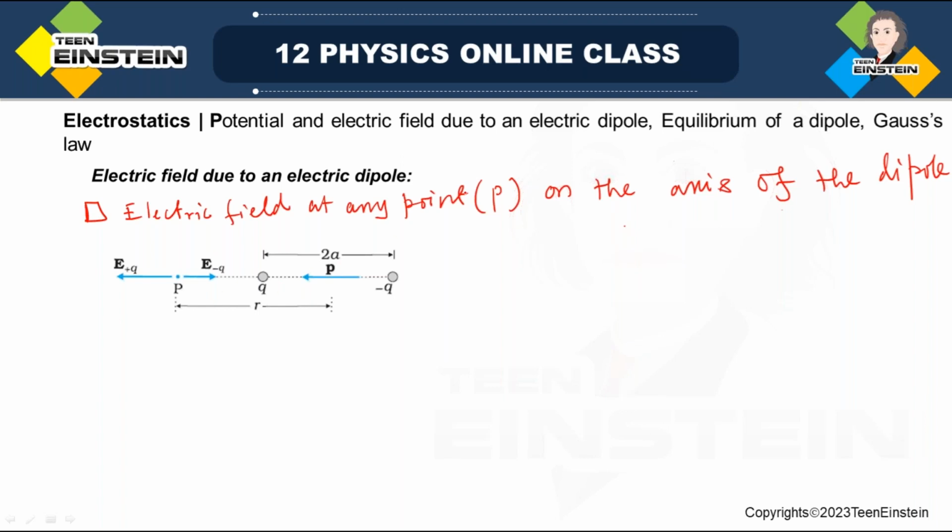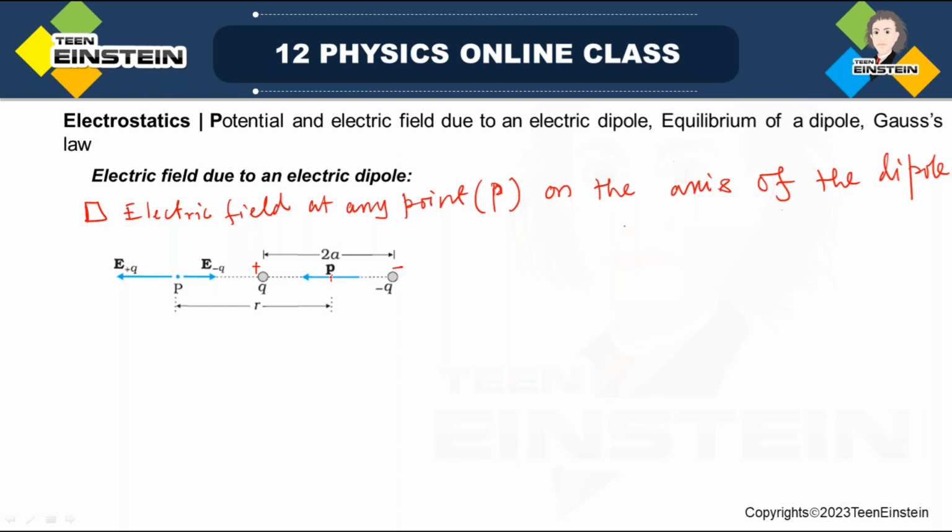So this is one problem. If you have been asked to calculate the electric field due to a dipole, where you have to calculate on the axis of the dipole, then look here, if I just consider this point P, just on the left hand side of this positive charge. This is the positive charge, this is the negative charge, and I am taking the separation between the charges to be 2a.